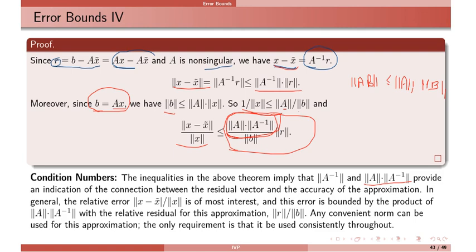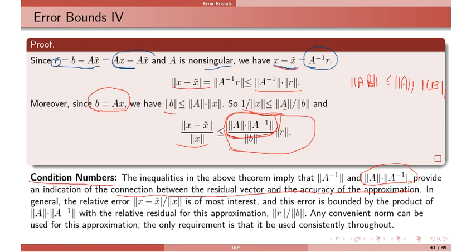This number, norm of A times norm of A inverse, provides a connection between the residual vector and the accuracy of the approximation. It is called the condition number for matrices.